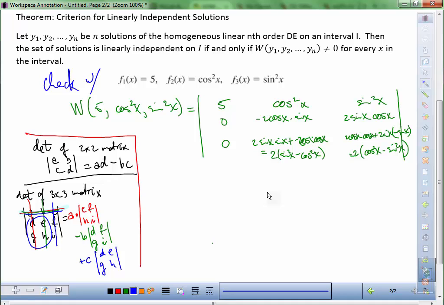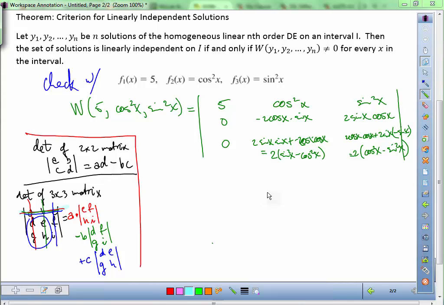Okay? So we do have a choice of either expanding on a row or a column, and we could expand on any row or any column. Tyler?